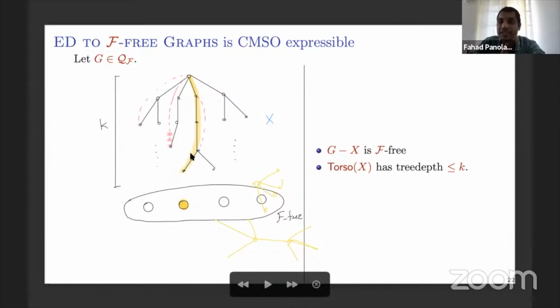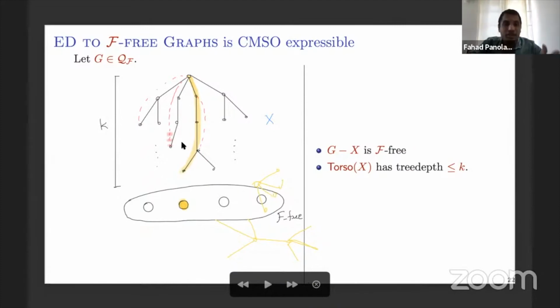You pick any two vertices in X and add an edge between them if there is a path between them in G whose internal vertices are outside X.